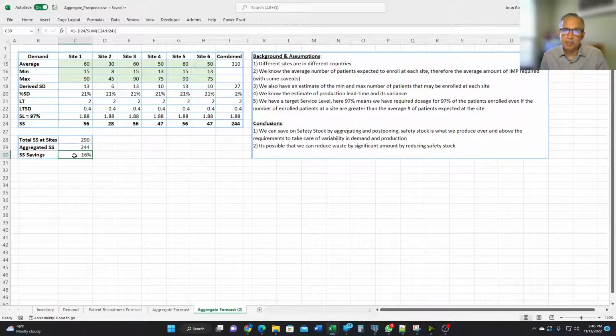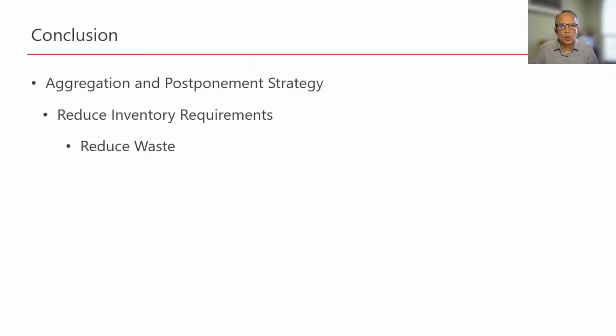So these 16% savings can really lead to significant amount of dollar savings. So aggregation and postponement is a known supply chain strategy to reduce inventory requirements and consequently reduce waste.